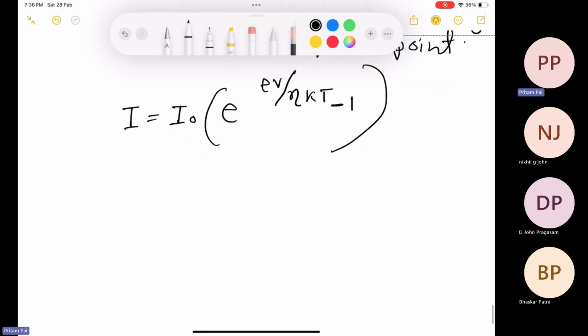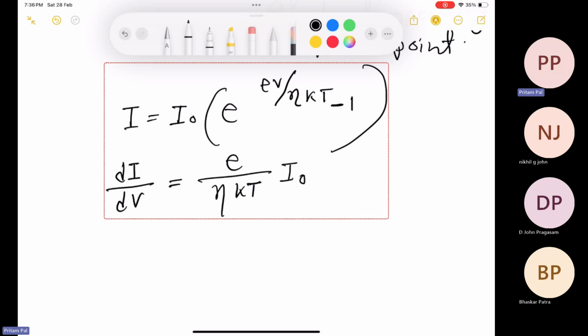Now I'm taking the derivative on both the sides. That gives me the dynamic resistance, which is dI by dV, which is 1 by eta kT times I naught e to the power eV by eta kT.